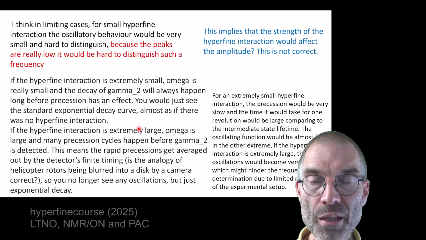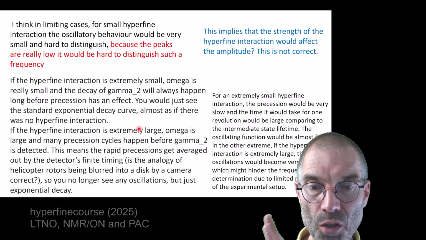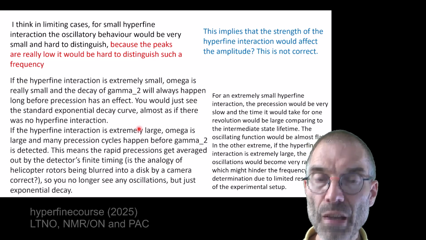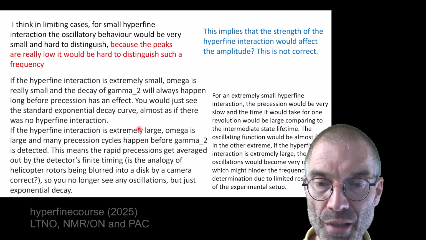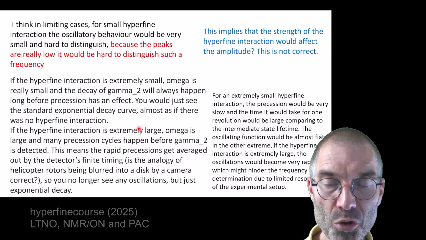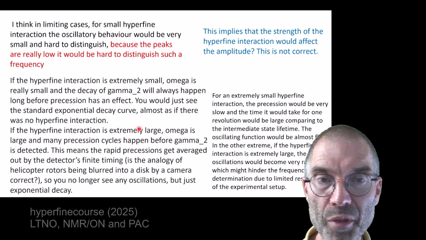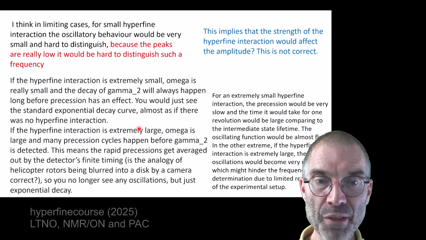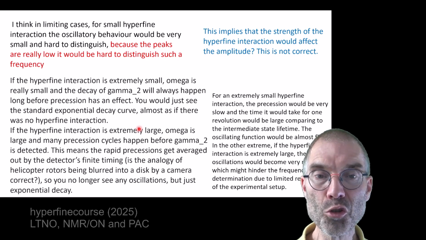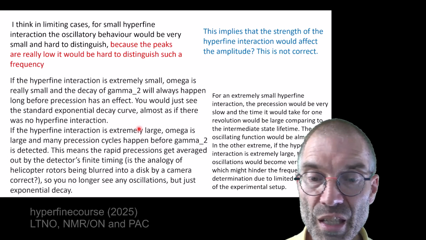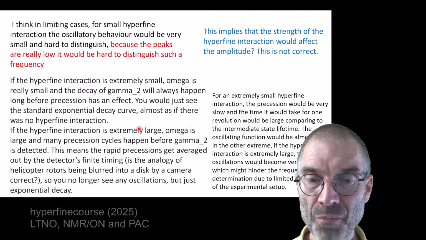So maybe I can measure a data point every nanosecond or every half of a nanosecond. But if my oscillation would be so fast that within that half of a nanosecond you would have had 10 oscillations of the function, then you cannot see these 10 oscillations.